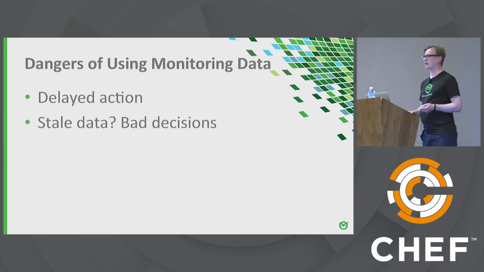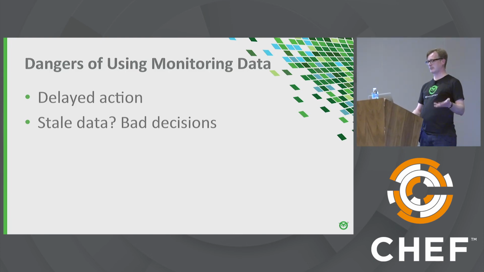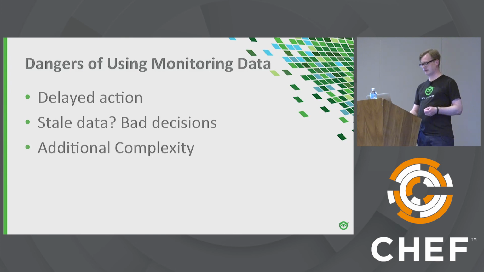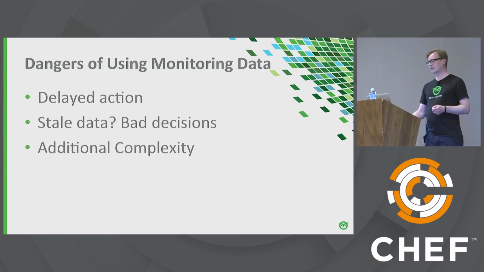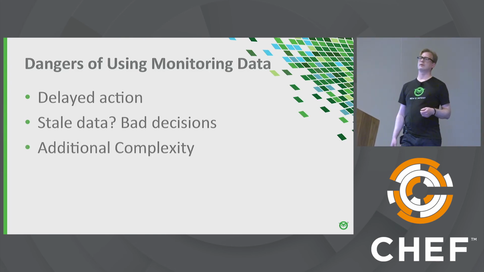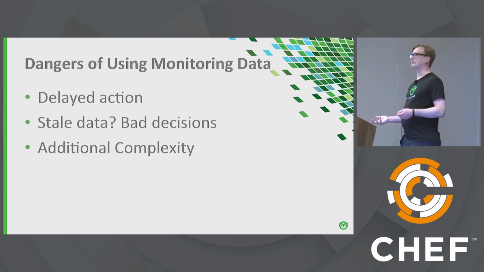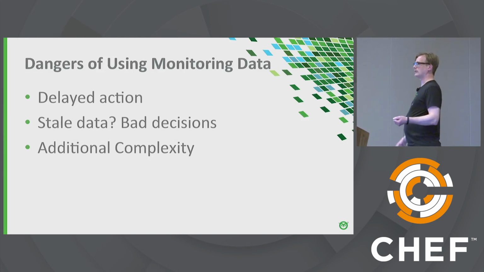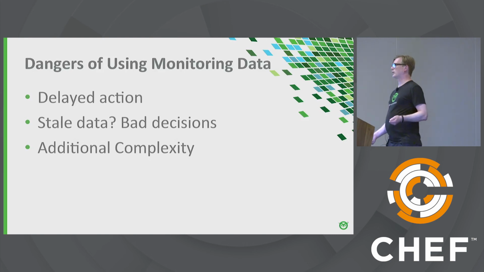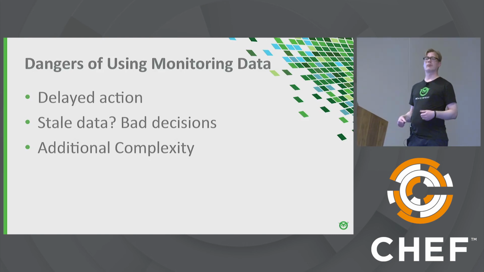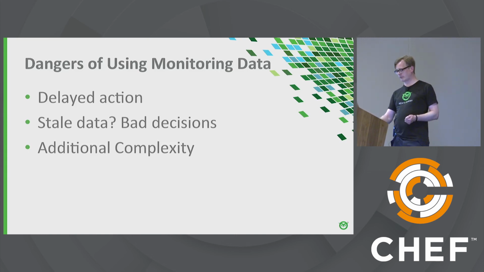It's still important to know that so that you can make good decisions instead of bad ones. It introduces additional complexity because you have to think who's doing what, where did this data come from, did the Chef client see something different locally? You've got more moving parts. And that means more things that can break, more things to monitor, and more reasons to get woken up, which stinks.